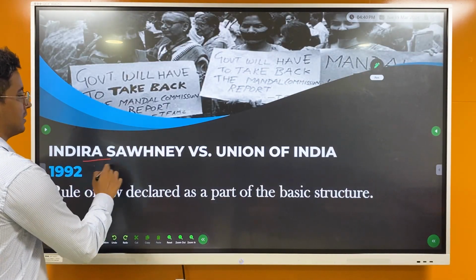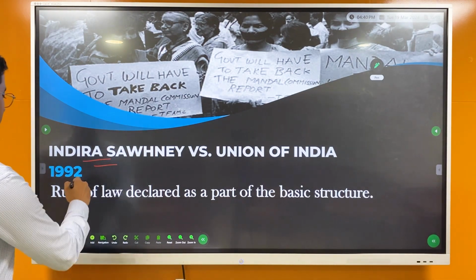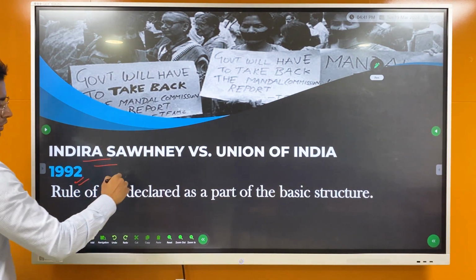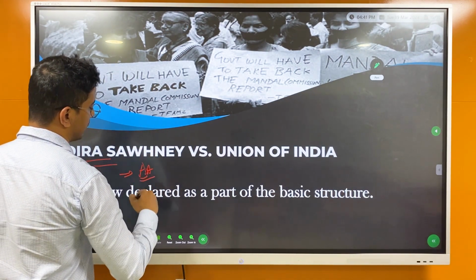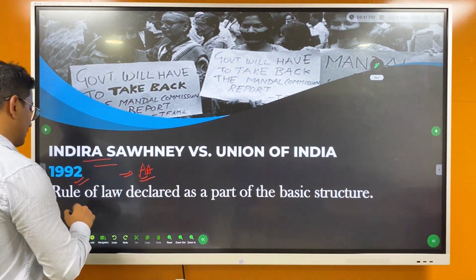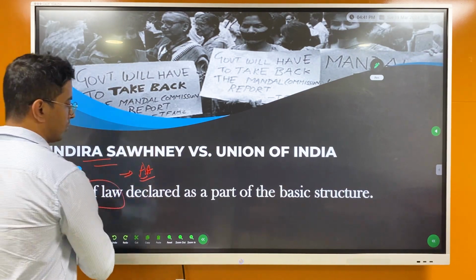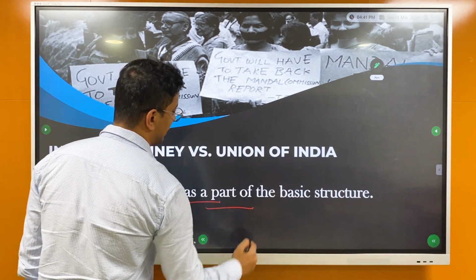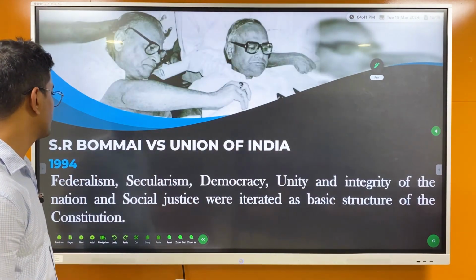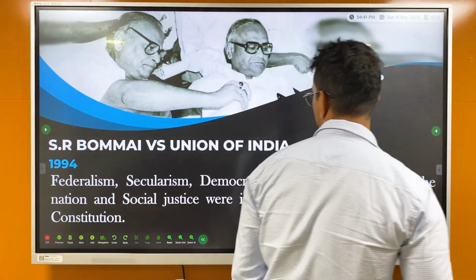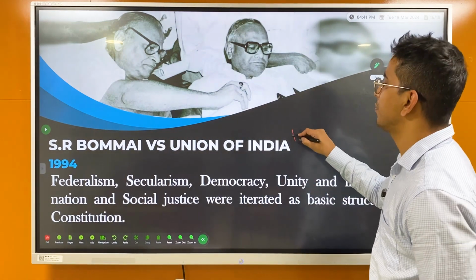Next case was Indra Sawhney versus Union of India, 1992. Please do let me know which all article it talks about and what changes did it bring. It talked about rule of law and declared it as a part of basic structure. Next was S.R. Bommai versus Union of India. This is a very important case.